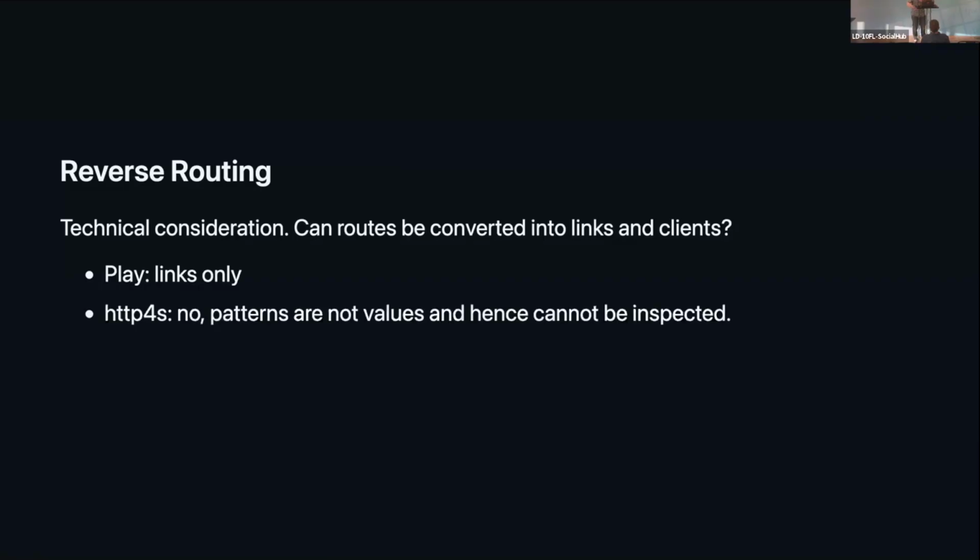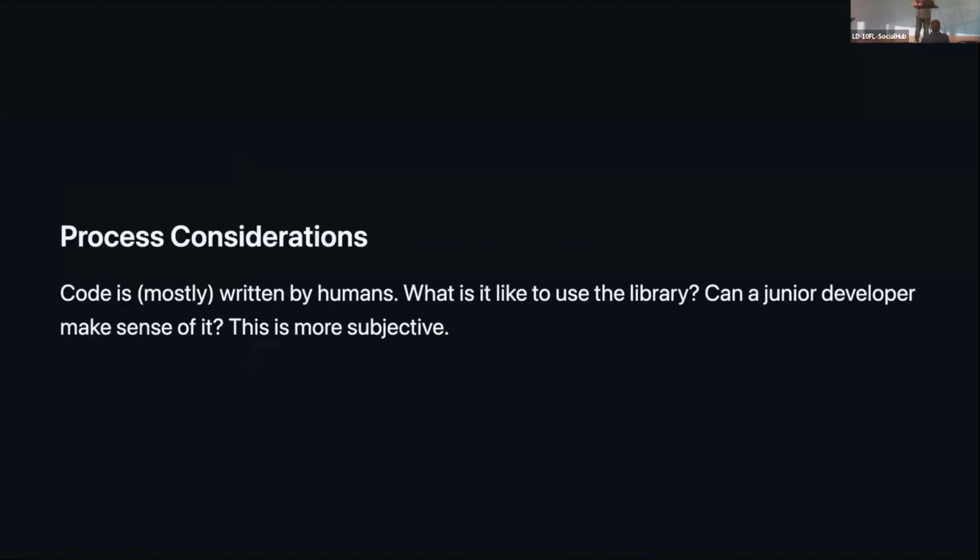HTTP4S, again, patterns are not values. You can't inspect them, you can't pull them apart, work out how to call them, how to make a link. So no reverse routing there. Tapir, you can do reverse routing, but only for constructing a client, not for constructing a link. And crop, we've both of these.